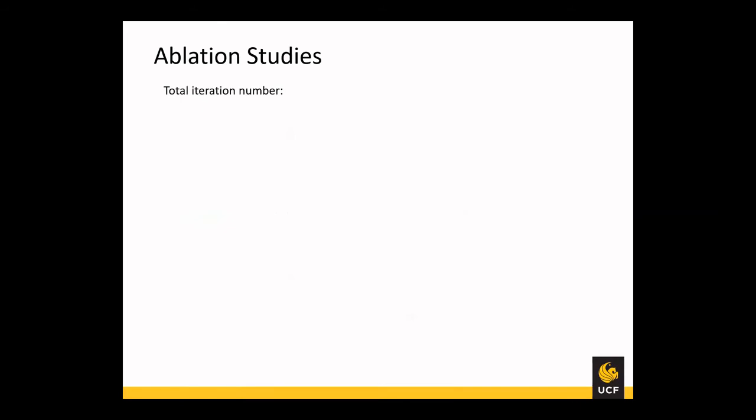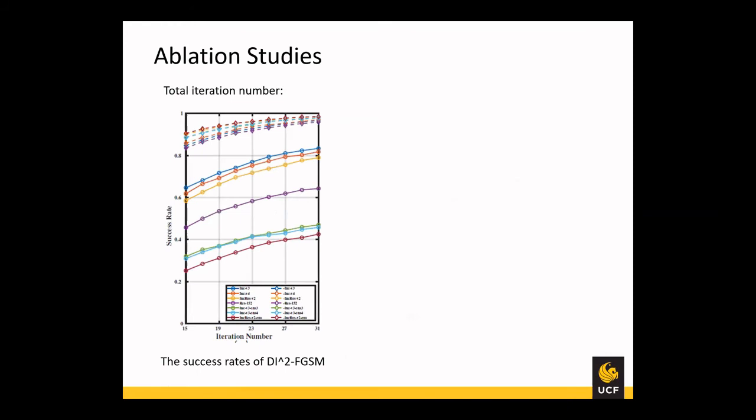All right, let's take a look at how the total number of iterations affects the success rates. Again, in the case of DI square FGSM, where solid lines represent the black box setup and dotted lines represent the white box setup, we see an increase in the success rate with the total number of iterations.